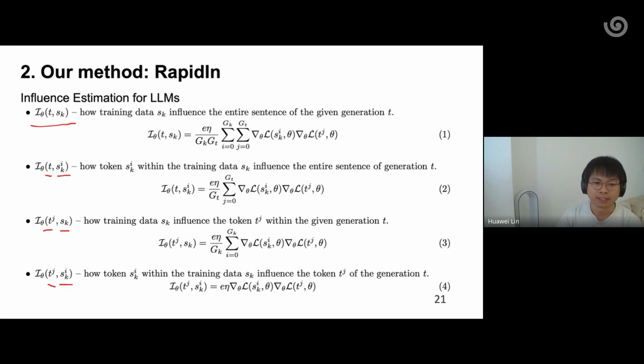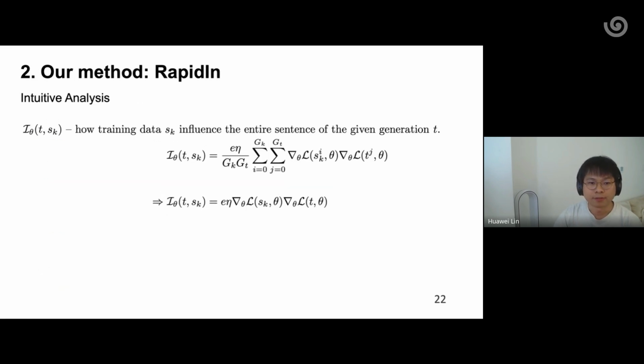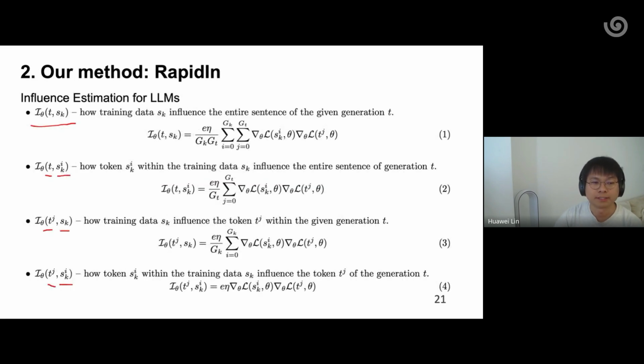So that's why we call it token-wise influence estimation. We have these four different equations, but in this work, we only focus on the first equation, the influence between two sentences.